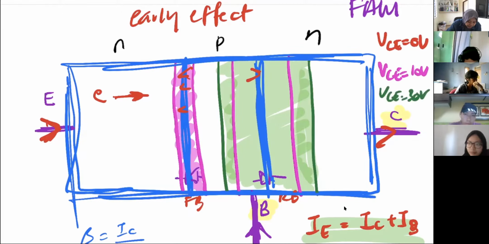For 0 volt, the red colour, it goes from blue to blue, because there is no depletion at both sides. VCE equals 10 volt, purple, means the purple line. So from the purple line over here to the purple line over here.